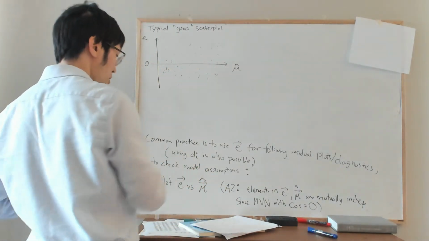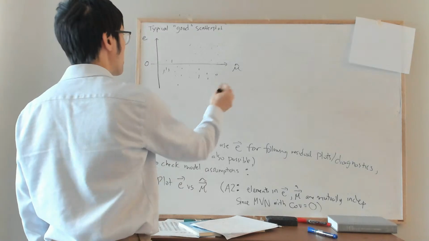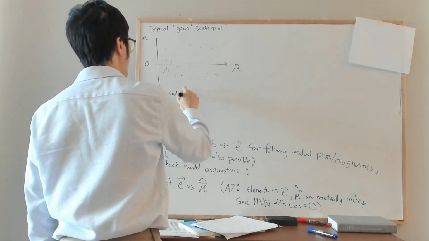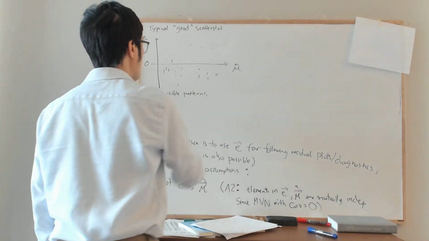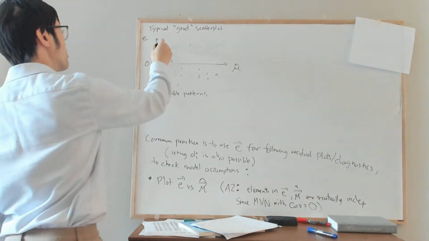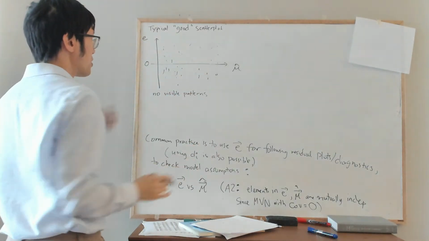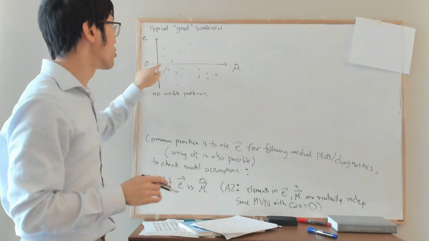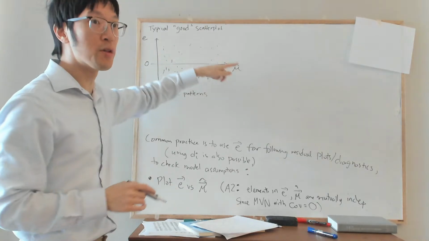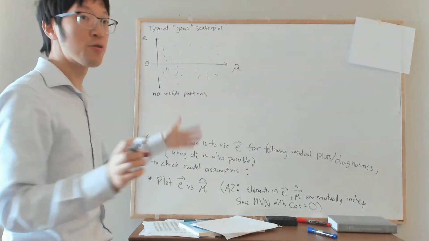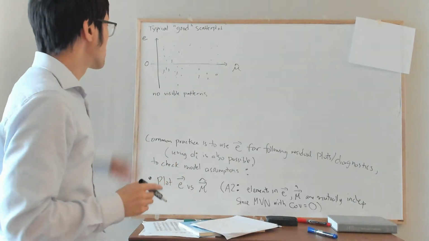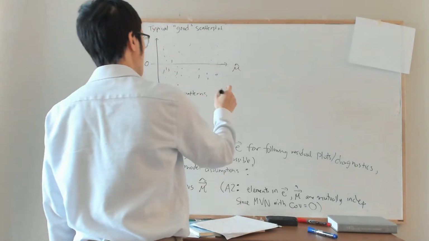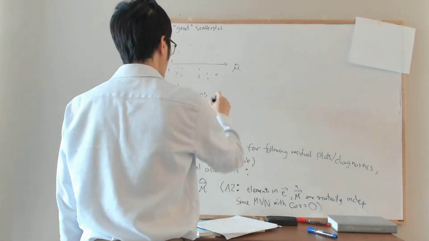So it has no visible patterns, just random scatter, and this scatter doesn't change as you move right. For instance, you don't see any trends, and you don't see any funnel shapes. So this is a good scatter plot.